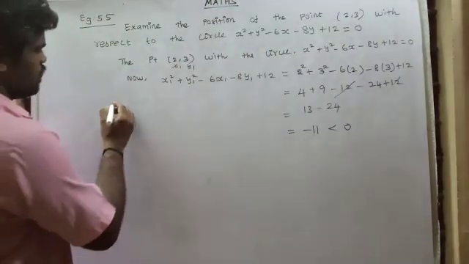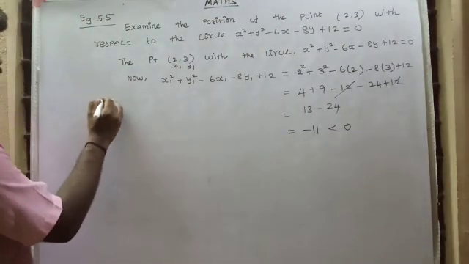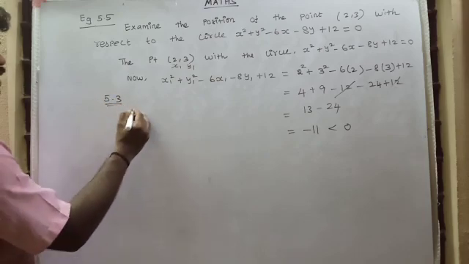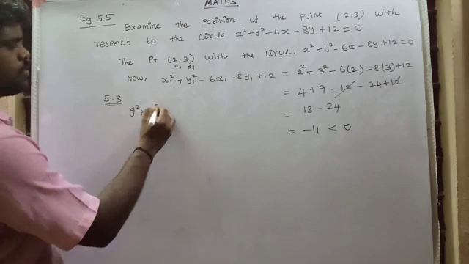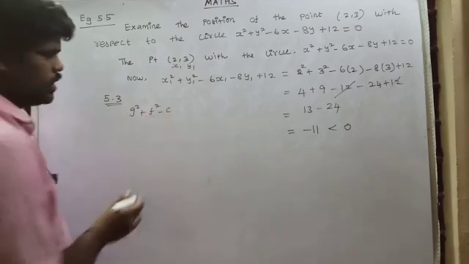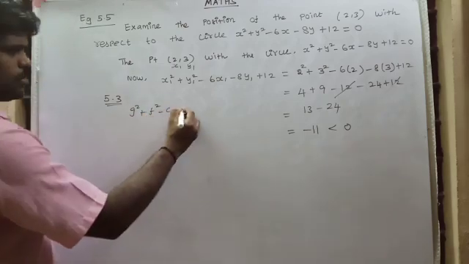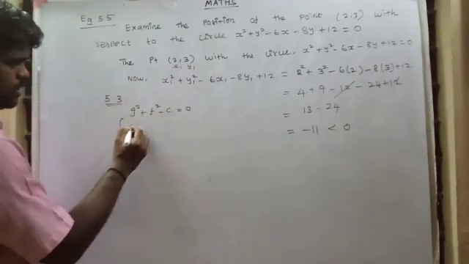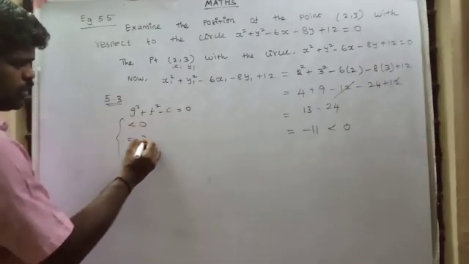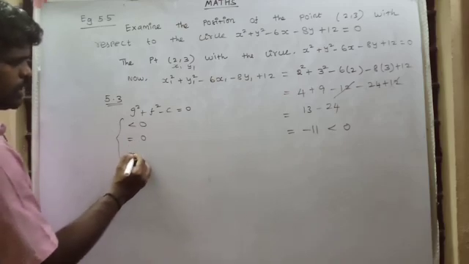Already we know the concept from theorem 5.3, that g squared plus f squared minus c is the concept. So we have to find whether it is less than 0, equal to 0, or greater than 0.